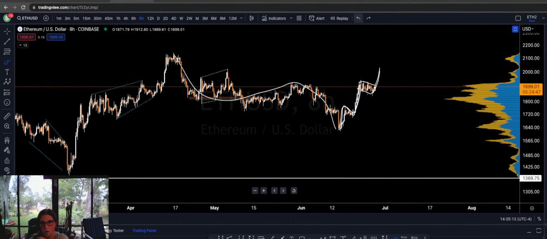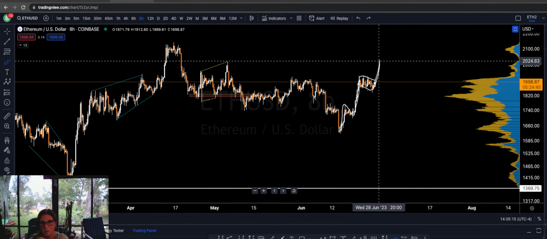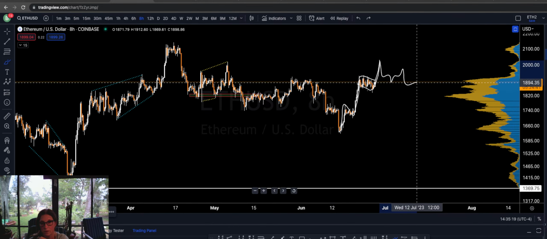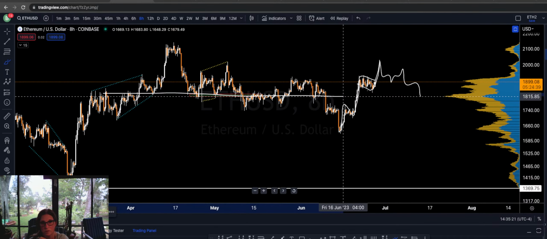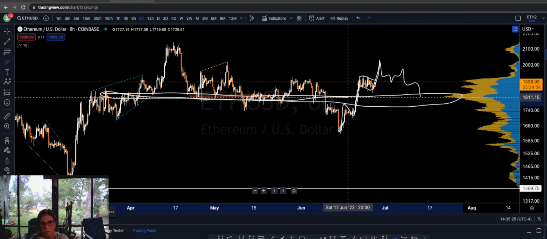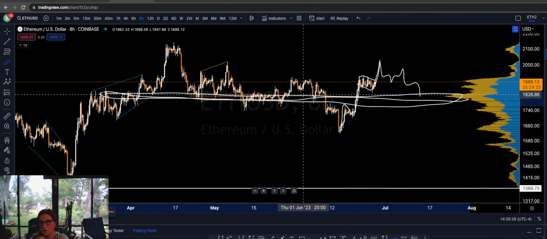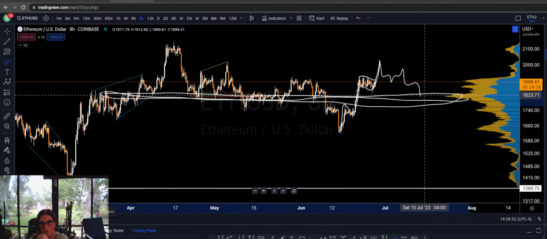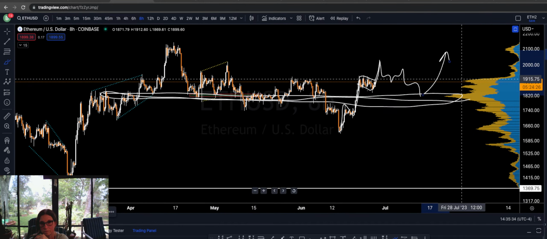Same as Bitcoin, we want to see that controlled correction off the top, something like this, and we want to flip all of this to stay support. There's no reason to come back up underneath that now. And then we want to rip to the upside.